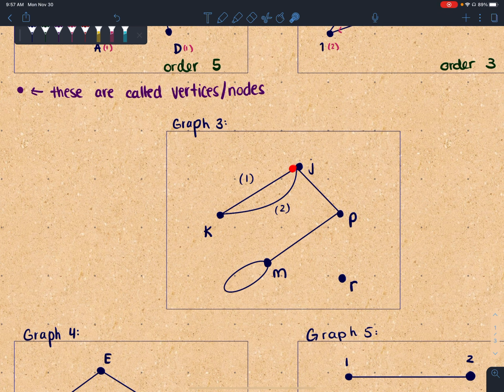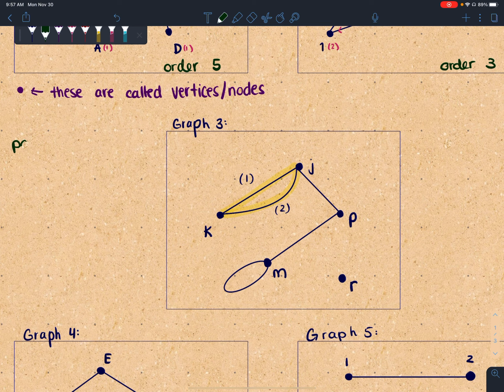So here we have this line that's been denoted by number 1, connecting K and J. And then we have this other line denoted by number 2 that also connects K and J. So this is what's called parallel edges. And they're parallel because they join 2 of the same vertices.